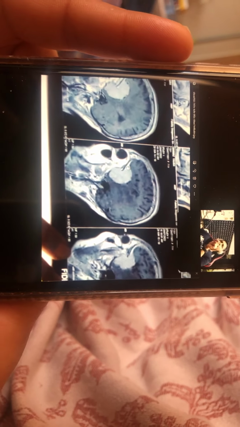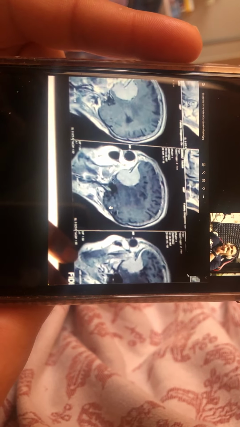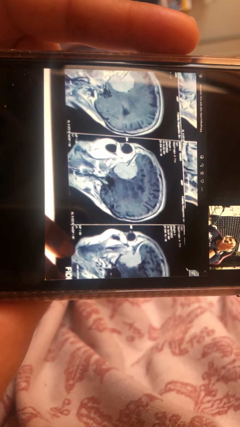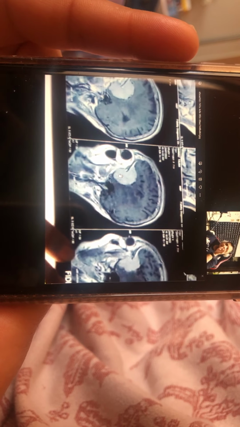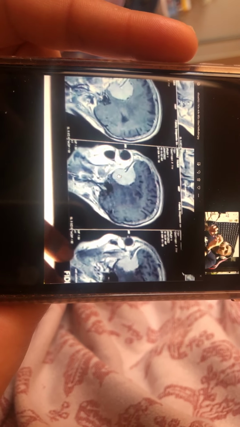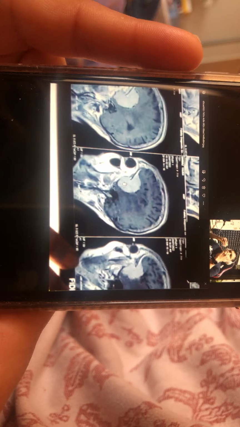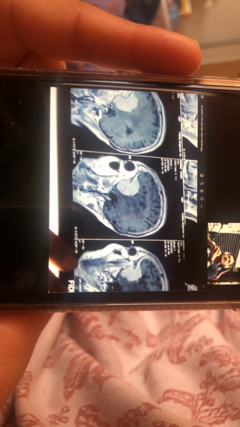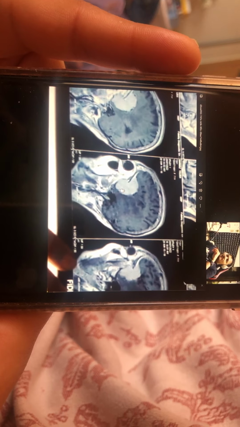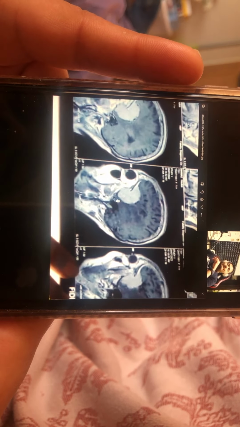Unfortunately, there is no extra space available inside the skull. So to some extent, when the tumor grows, the brain adjusts its orientation around the tumor. But when that adjustment level is reached, meaning the maximum adjustability is reached, then the tumor starts producing symptoms, and that's how she is symptomatic because of the tumor.